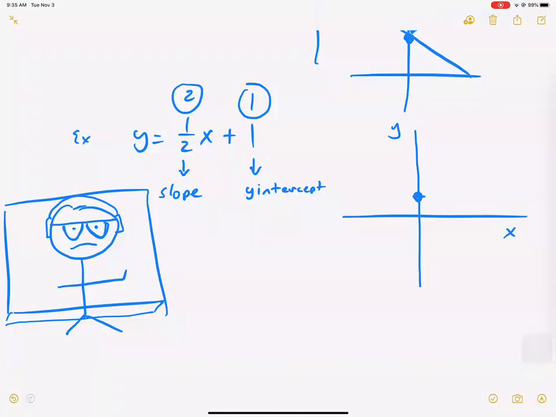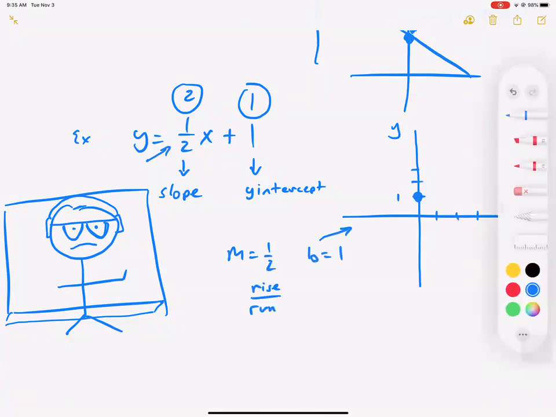So the slope tells us our directions to our next point. So my slope is 1/2, and my y-intercept, b, is 1. So we graph the 1. Now we have to graph the slope. Now remember, slope is rise over run. Let's go ahead and graph that. From the point that we drew already, on your paper, you should have put a dot at 1 already. You can draw a couple more tick marks if you want. We are going to rise 1 step.